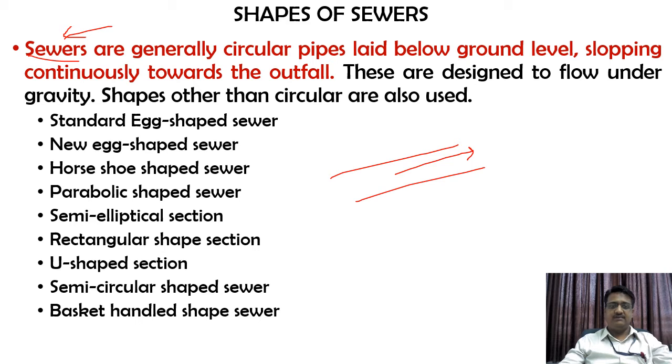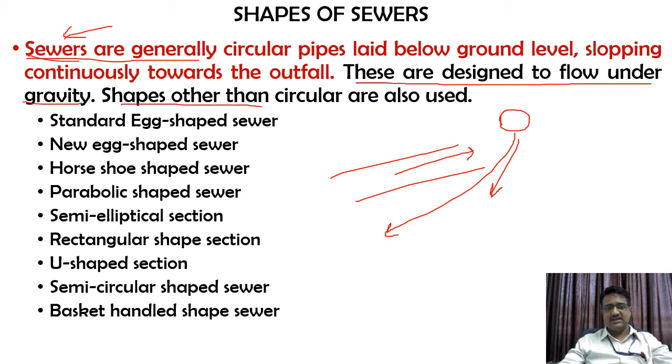Whenever you lay the sewers and design that layout, you should make sure that from the point of source till the point of disposal, the elevation should always reduce, because the flow here will be through gravity only. These are designed to flow under gravity. As I said, shapes other than circular are also used.